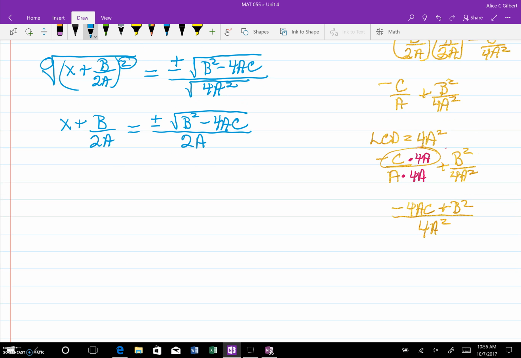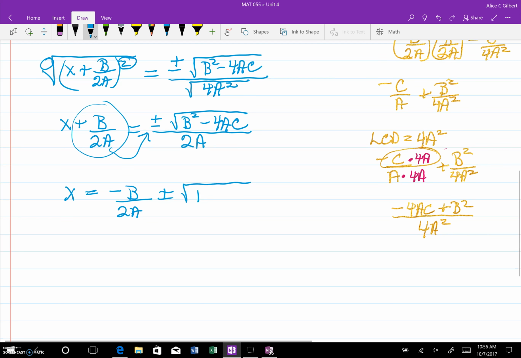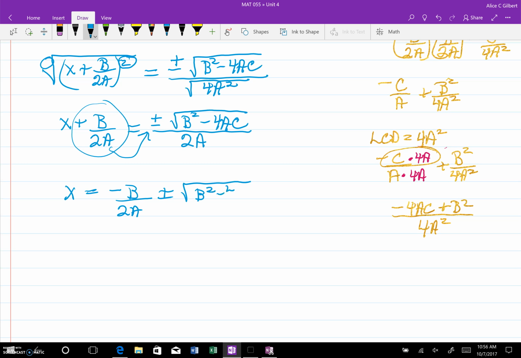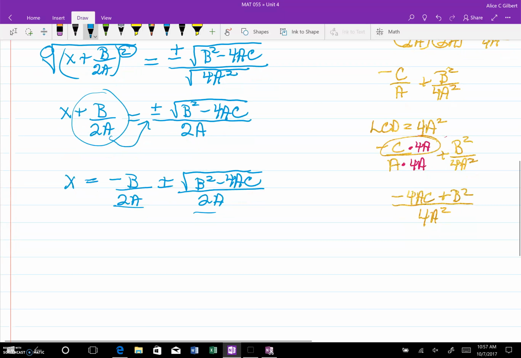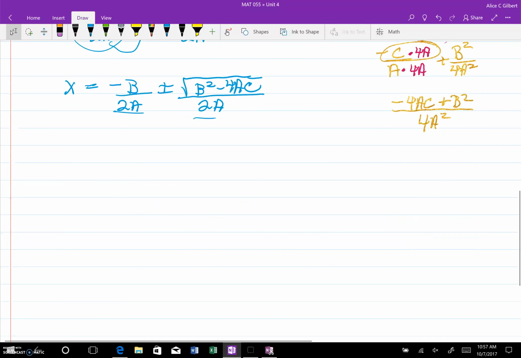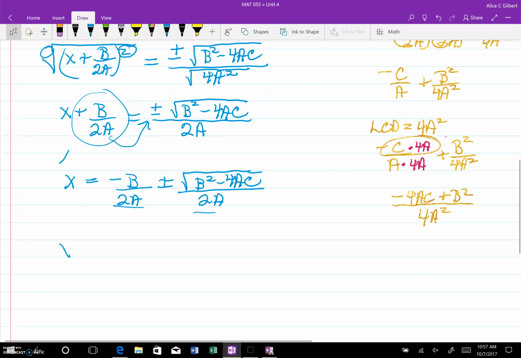And now I need to get the x by itself, so I need to subtract this from both sides. So I get x equals negative b over 2a plus or minus the square root of b squared minus 4ac over 2a. And I have common denominators, so I need to write this all over one common denominator, 2a.